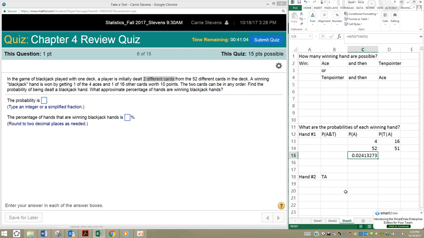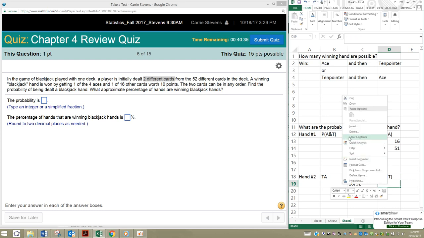And then for the second hand, it's the probability of a 10-pointer times the probability of an ace, given that the first one was a 10-pointer, which will be 16 out of 52 times 4 out of 51.